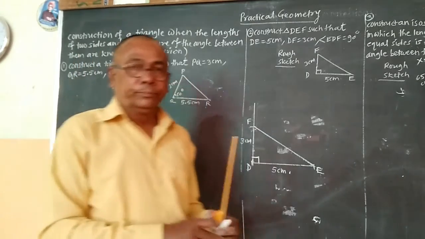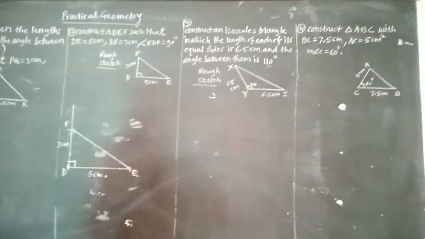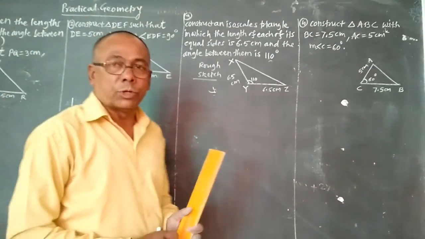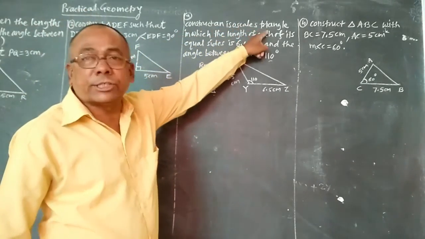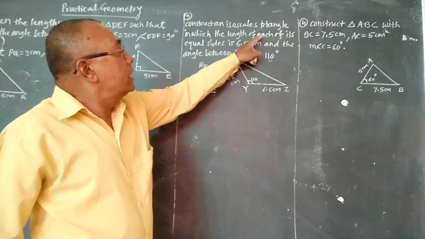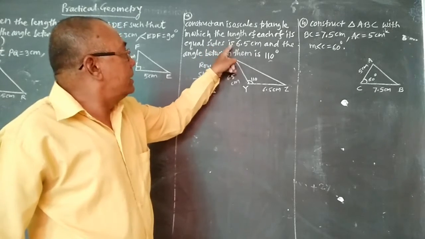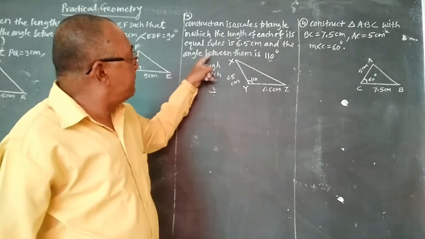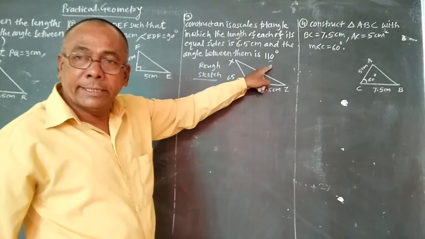Now there is one more question for us to construct the triangle, that is construct an isosceles triangle in which the length of each of its equal sides is 6.5 cm and the angle between them is 110 degree.